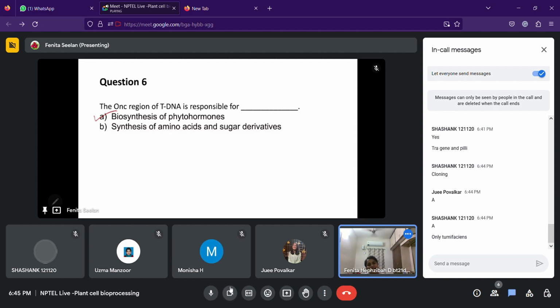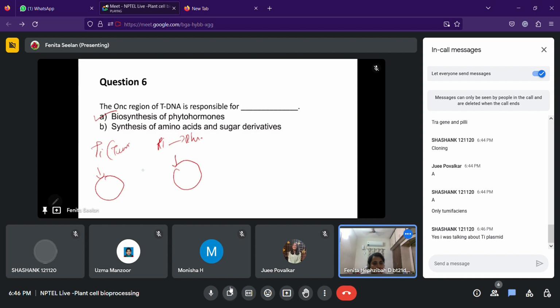Don't confuse your Ti plasmid and Ri plasmid. tDNA is present in both. tDNA is nothing but transfer DNA, right? Am I right or wrong? Ti plasmid is different, Ri plasmid is different. This is from rhizogenes, this is from tumefaciens. This will have a plasmid and this is also a plasmid. Yes, you were talking about Ti plasmid. So tDNA is there in both.